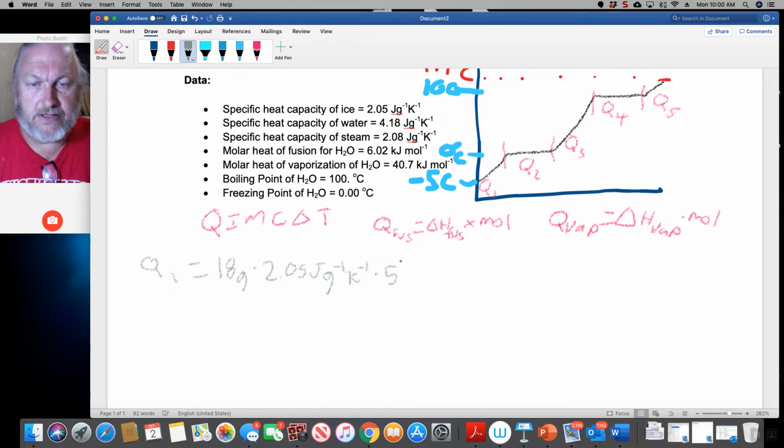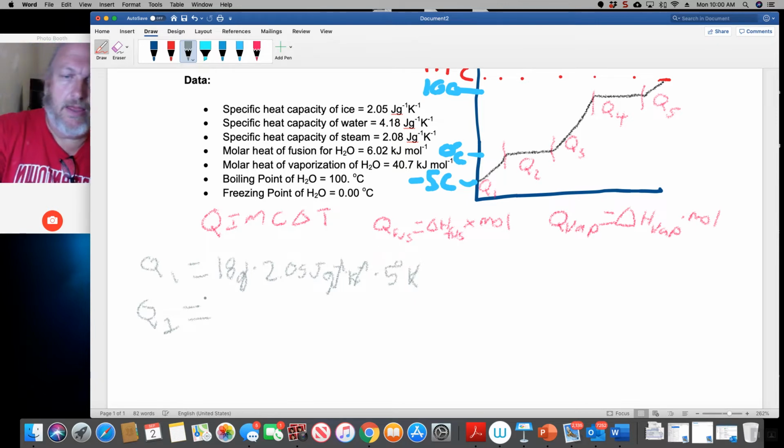Now that can be C or it can be K. If I convert it and I subtract it, I'm going to get K. So I can do that. And I put that degree sign. That's not exactly correct. So the first Q, all I got to do is multiply. And I'm going to tell you on a test, because this will take a long time, if you do this part and you identify where you're going to be doing this, you've got the problem.